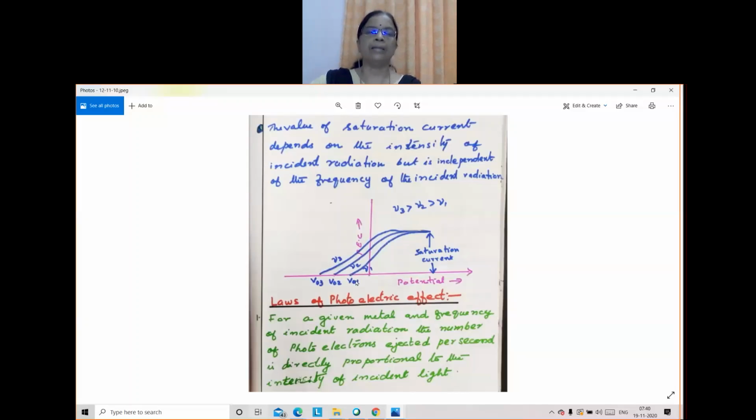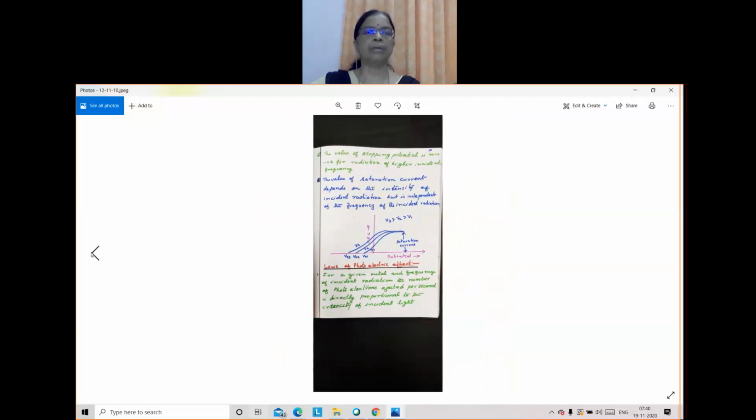Then stopping potential is different. And more the frequency, more is the reverse potential needed to stop them. അതാണ് ആ ഗ്രാഫ്. One more graph. This is that graph.